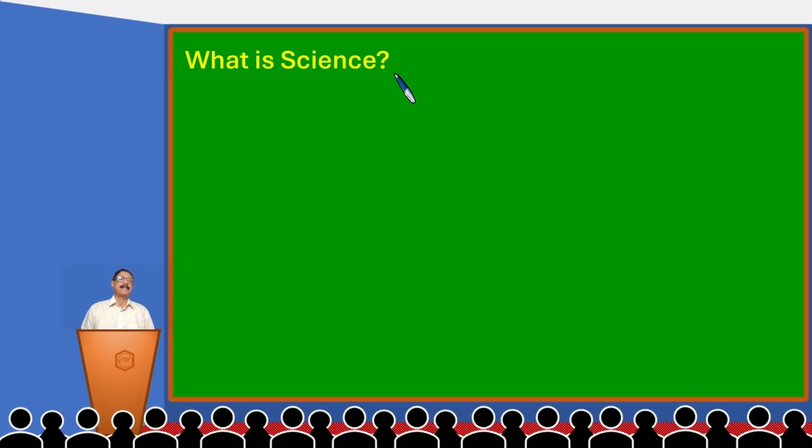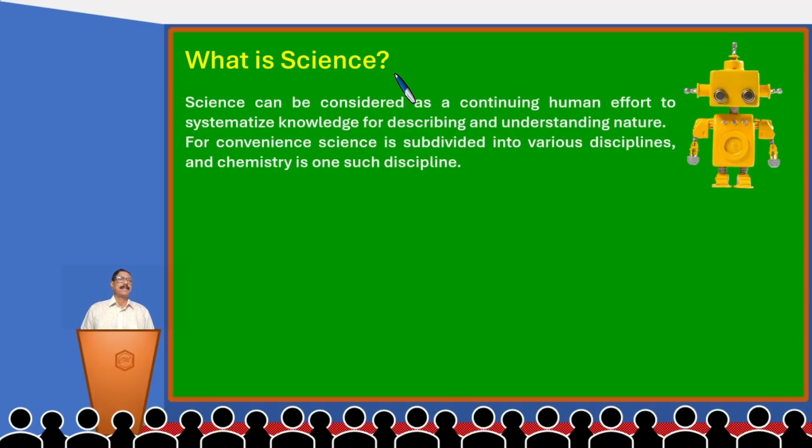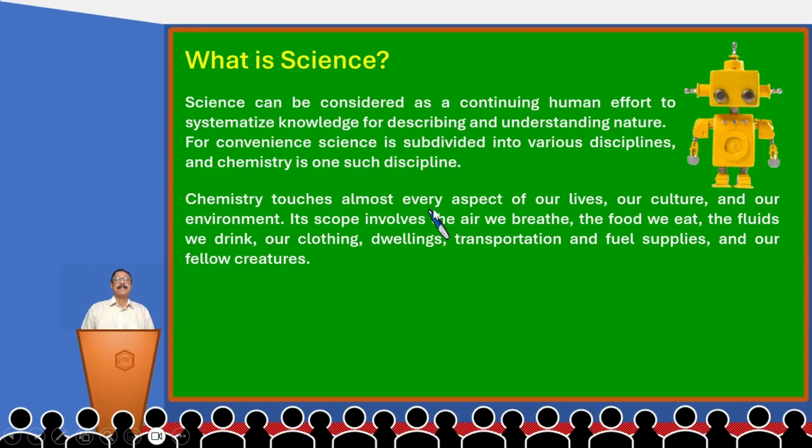Then what is science? Science can be considered as a continuing human effort to systematize knowledge for describing and understanding nature. Chemistry touches almost every aspect of our lives, our culture, and our environment.